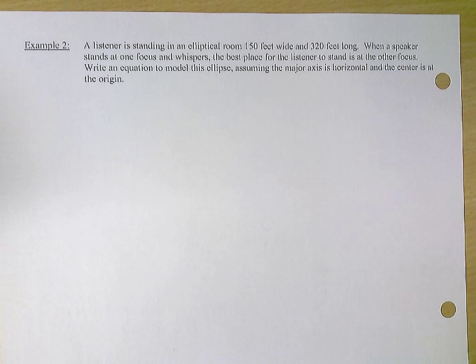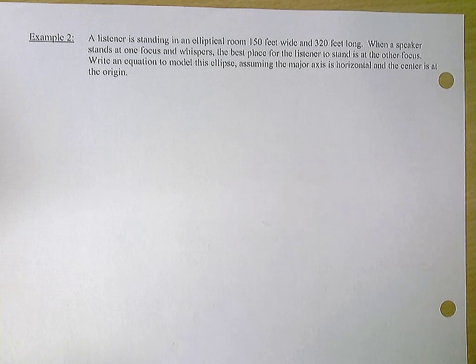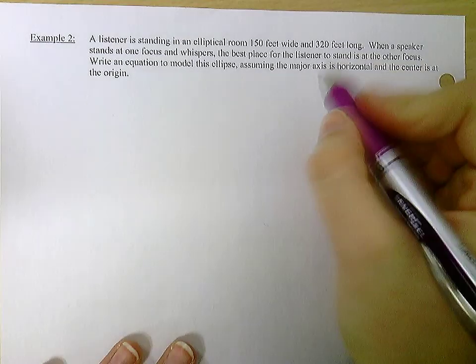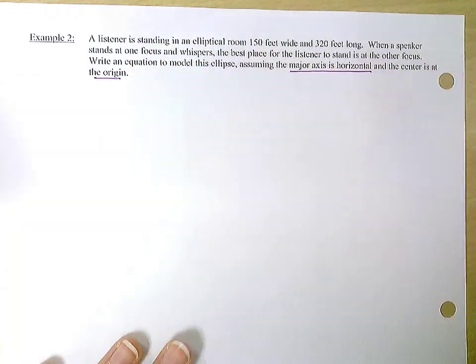Example 2. A listener is standing in an elliptical room 150 feet wide and 320 feet long. When a speaker stands at one focus and whispers, the best place for the listener to stand is at the other focus. Write an equation to model this ellipse, assuming the major axis is horizontal and the center is at the origin.